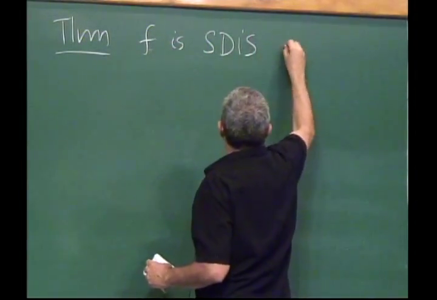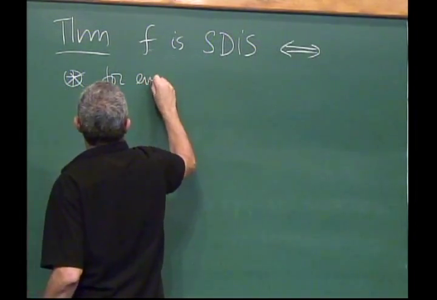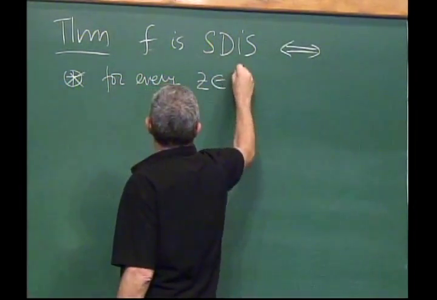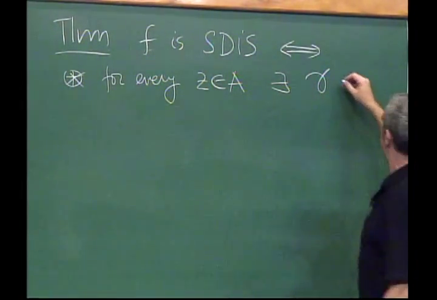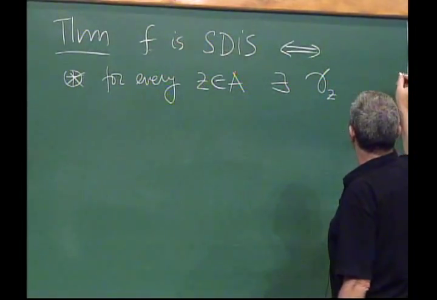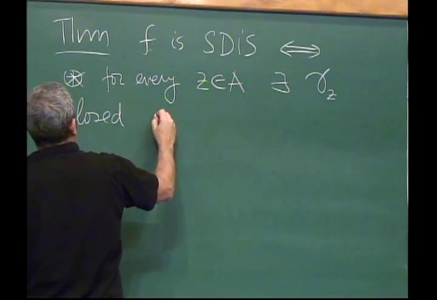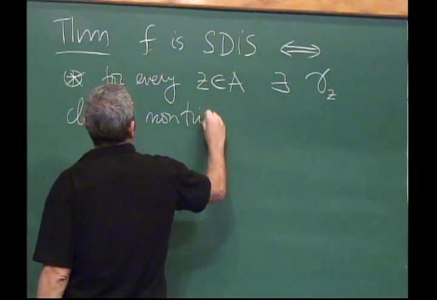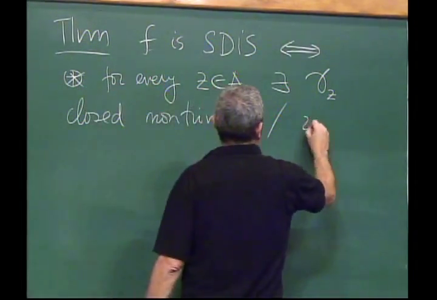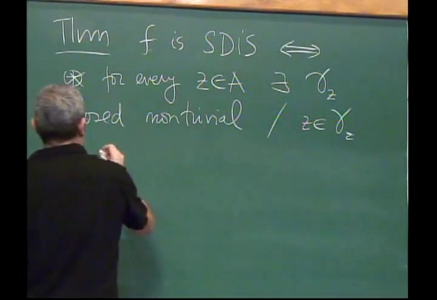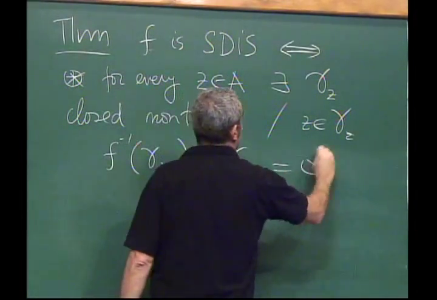F is strongly dissipative if and only if for every z in A, there exists a closed and non-trivial curve gamma such that z belongs to gamma and the preimage of gamma intersected with gamma is empty.